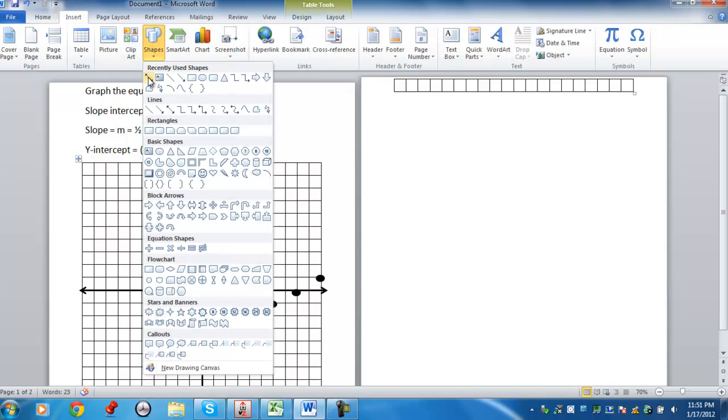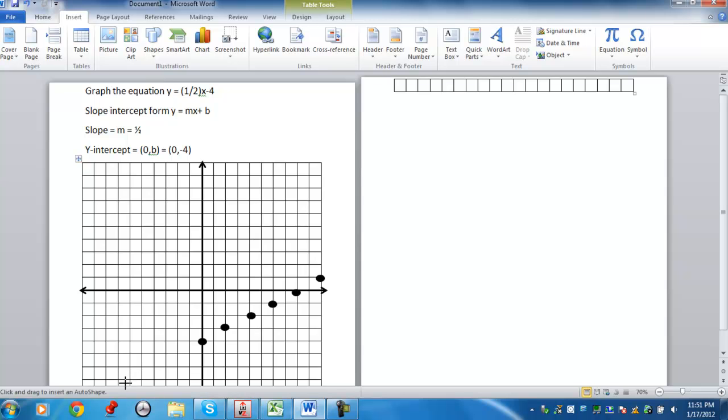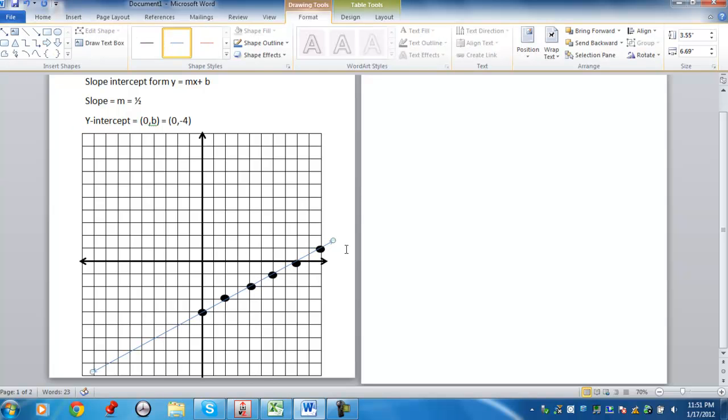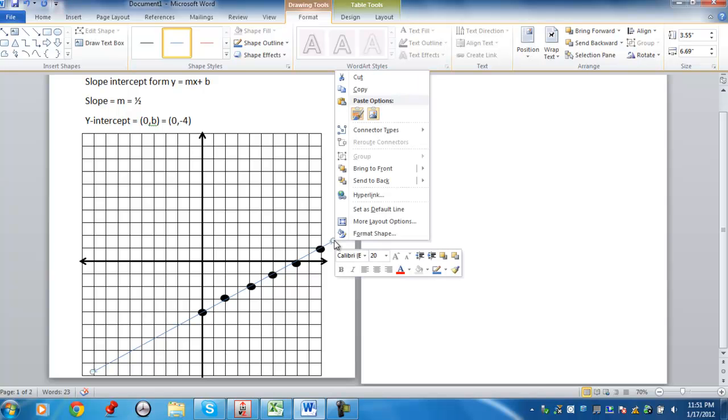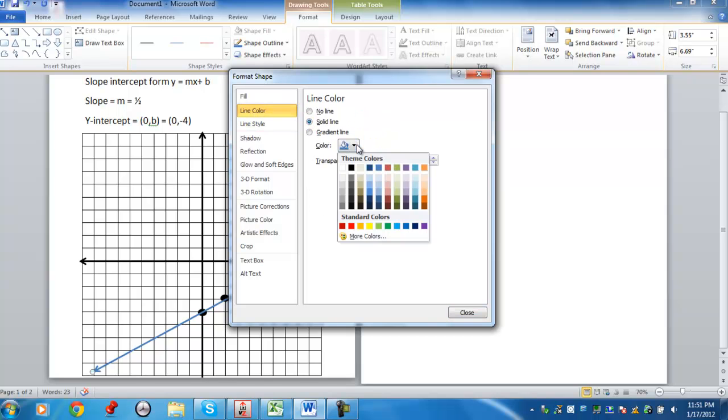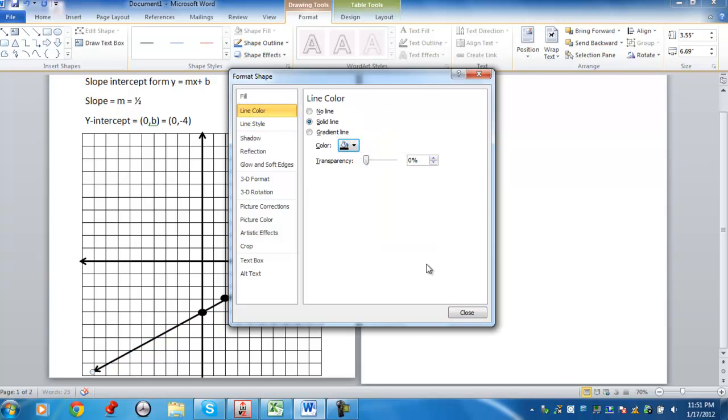So again, we're going to go back to that double arrow. And in general, when you're making this line, you want the line to go across the grid here. And again, I would format the line, adjust the size here, 3 points, color black.